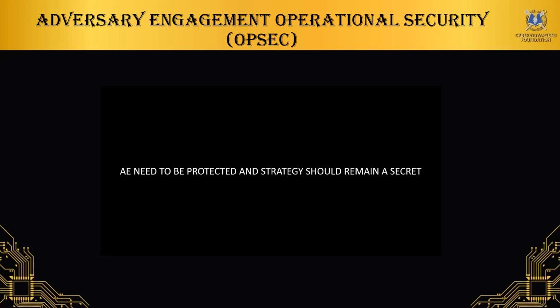But if people know that this is a decoy, they will not come there. So your insider threat management program will go for a toss. So it is important for you as a defender to take care of operational security very cautiously, and sharing information about OPSEC and the entire plan of adversary engagement should be limited to one or none. It should never be a shared secret.